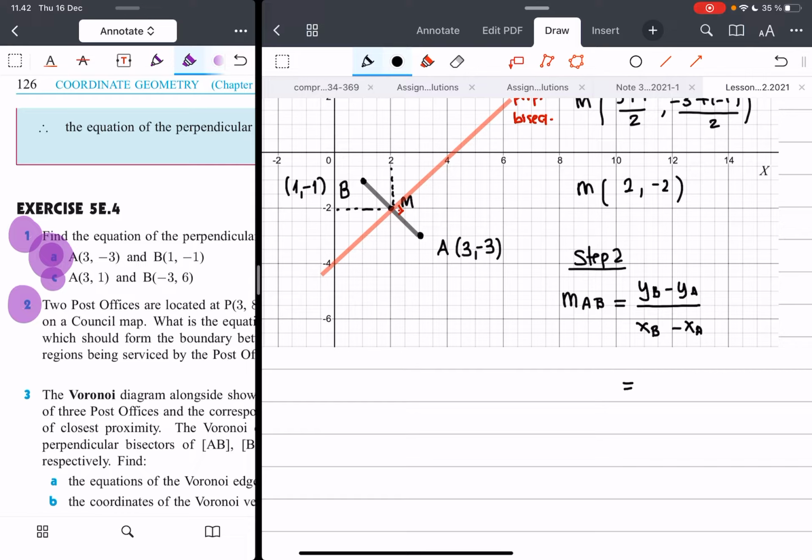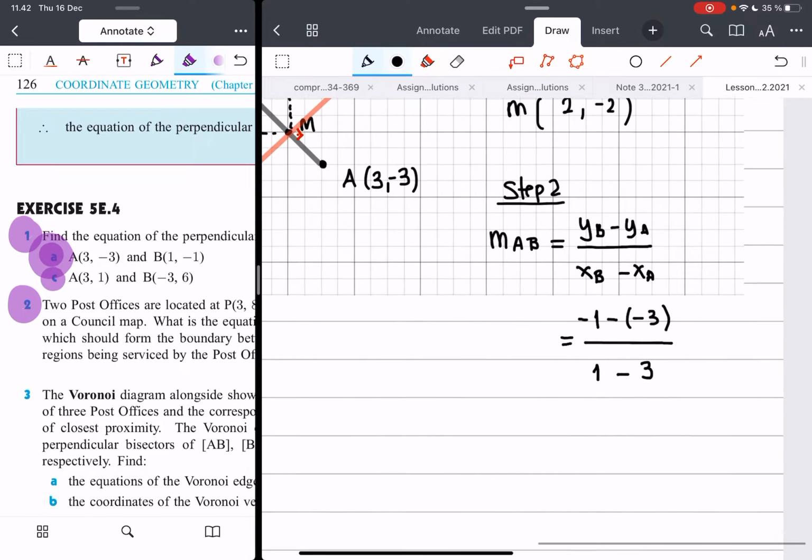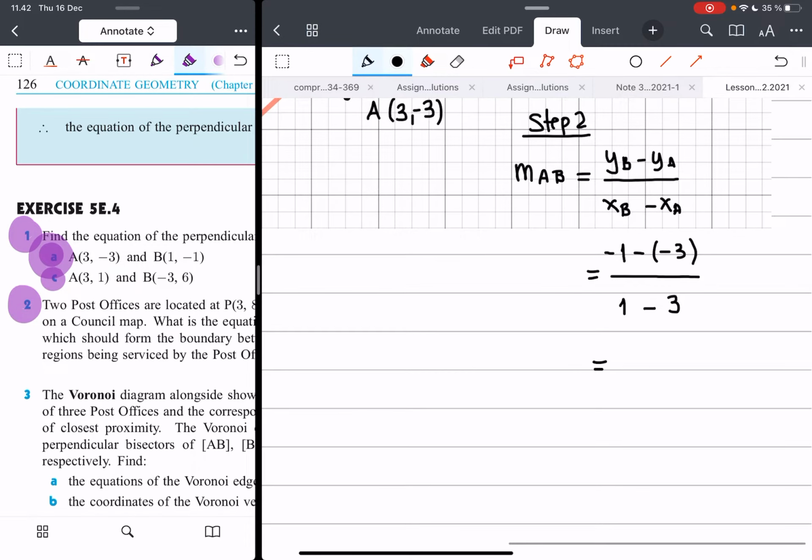So in this case, -1 minus the -3 divided by 1 minus 3. So the slope of AB is 1 plus 3 divided by -2, or in other words, just -2.